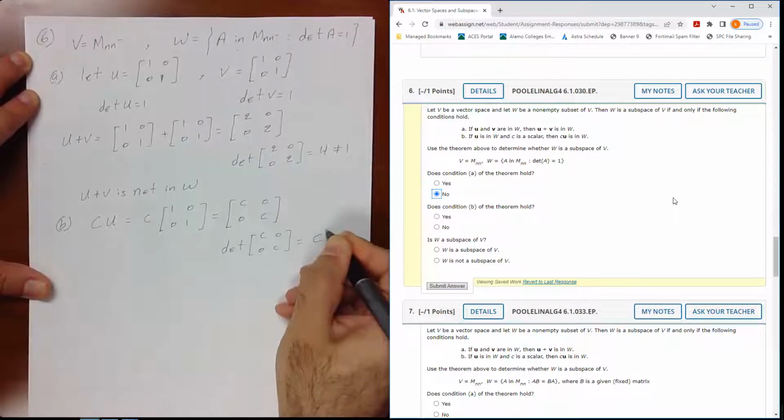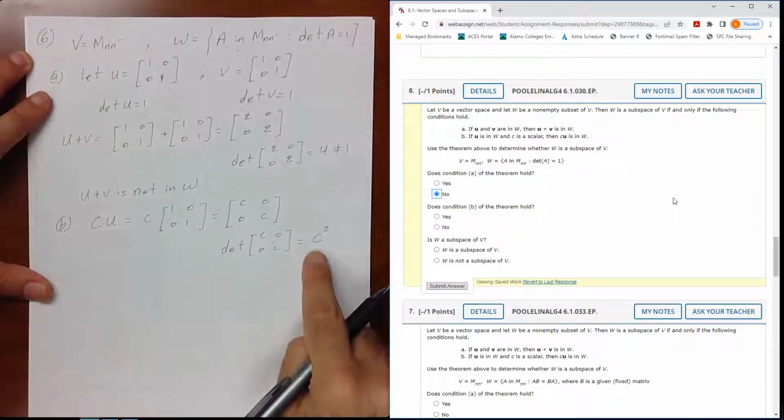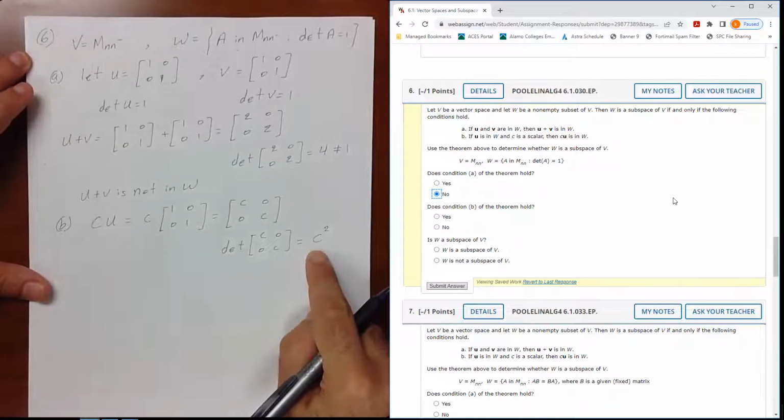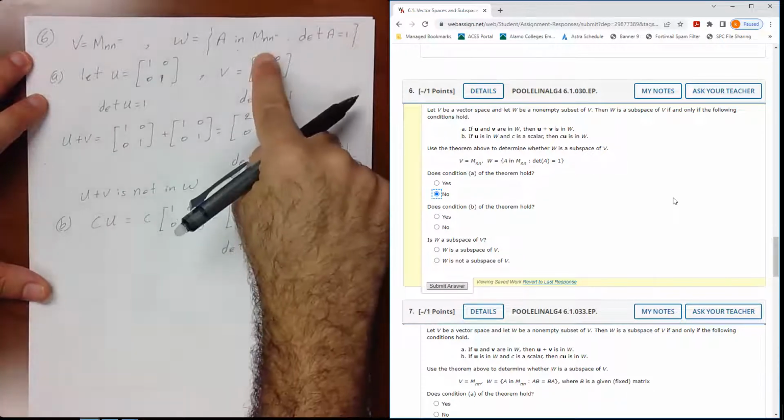Now C is any number. If you choose 1, yes, it's going to work. But what about other numbers? -2, -4, -6, 7, 8, 10. That means the determinant of this matrix does not always belong to W.